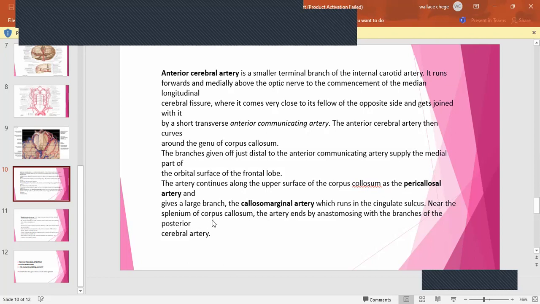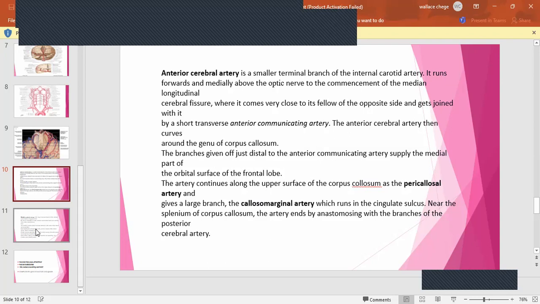How does the anterior cerebral artery terminate as the pericallosal artery? Near the splenium of the corpus callosum, the artery ends by anastomosing with the branches of the posterior cerebral artery. With this description, you have a very good essay of the course of the anterior cerebral artery.